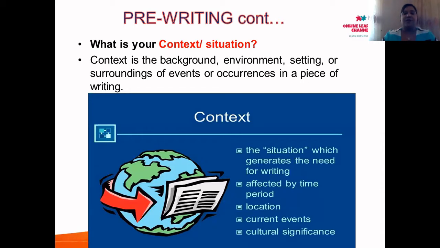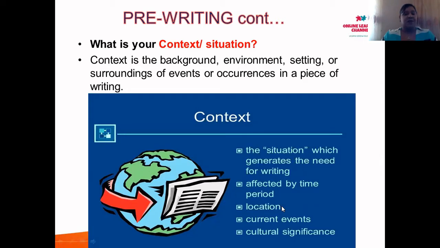For example, if you're going to write an argumentative topic about a political situation in South Africa, for example, there's a lockdown for coronavirus, your time period and the location will be affected in the context. You'd have to choose which location that is.